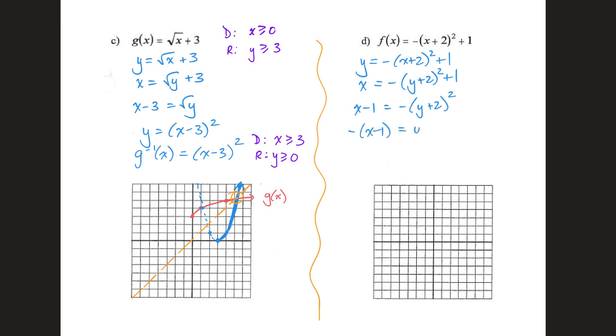Now, I'm going to write it that way because that just helps me to interpret my transformations later on. Now I have to get rid of my squared, which means take the square root. So my y plus 2 is going to equal the plus or minus square root of negative times x minus 1.